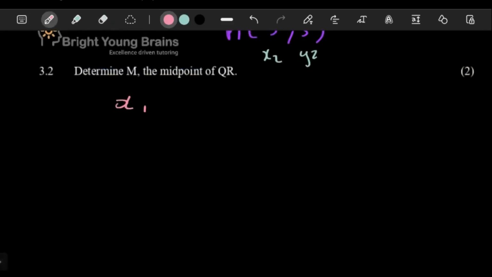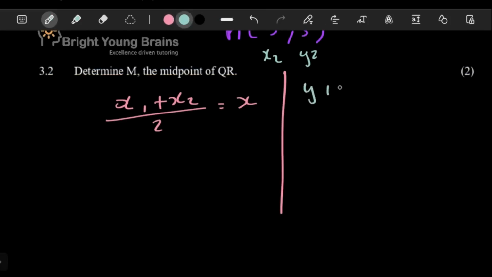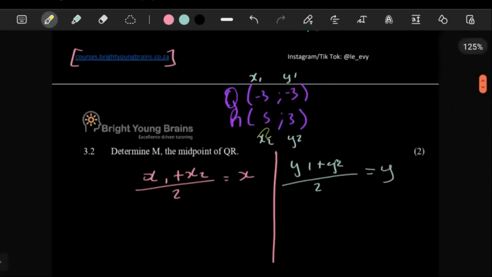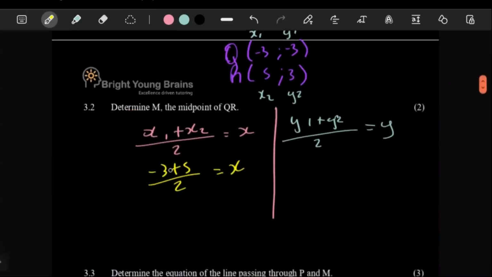X1 plus X2 over 2 is what gives us the X value of the midpoint, and Y1 plus Y2 over 2 gives us the Y value of the midpoint. Since we have Q and R, you can just say -3 plus 5 over 2, which is 2/2, which is 1.